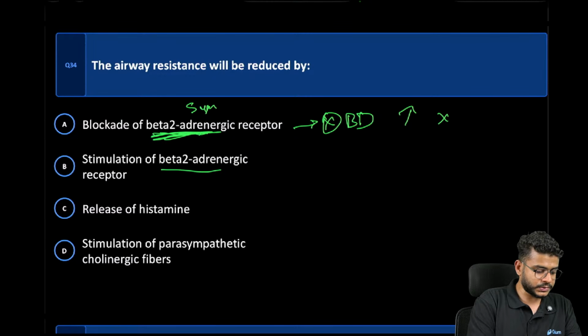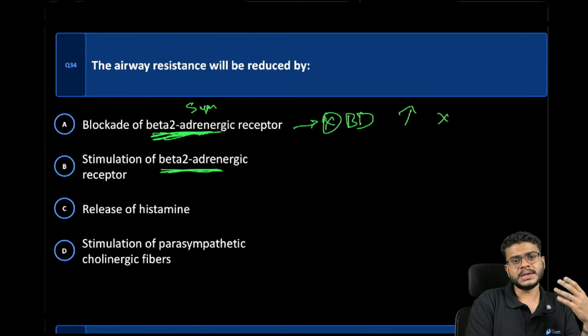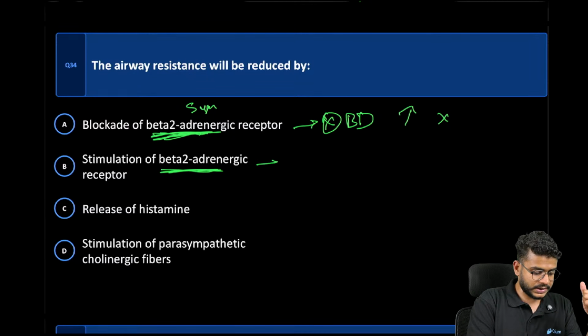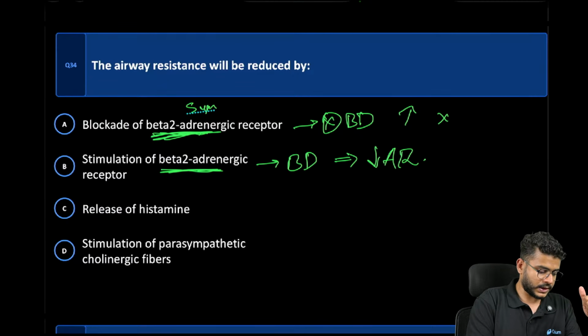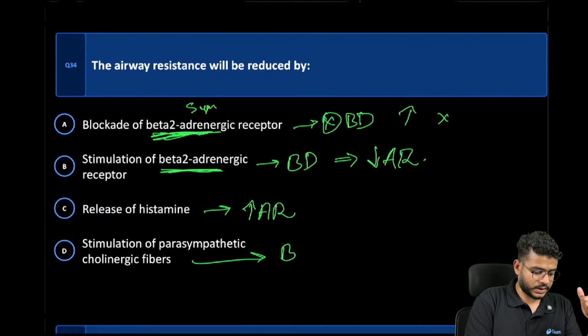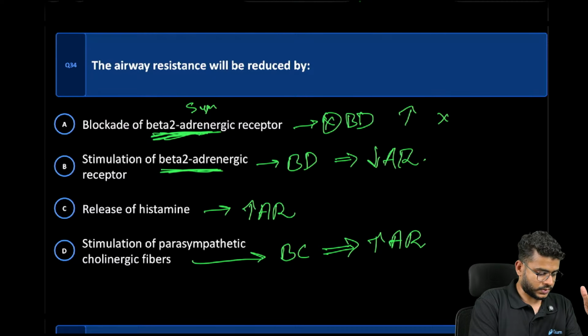Stimulation of beta 2, or sympathetic nervous stimulation, leads to bronchodilation and decreased airway resistance. Histamine causes increased airway resistance, and parasympathetic causes bronchoconstriction, thereby causing increased airway resistance. So the correct option is B.